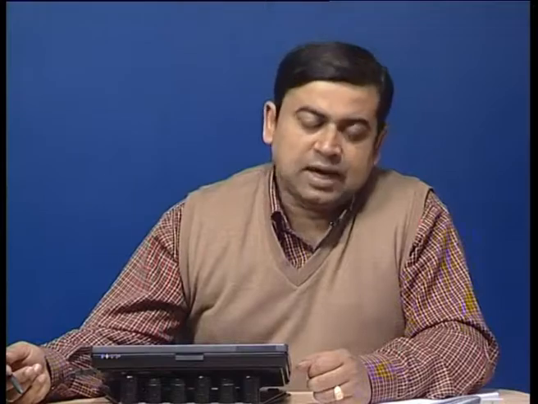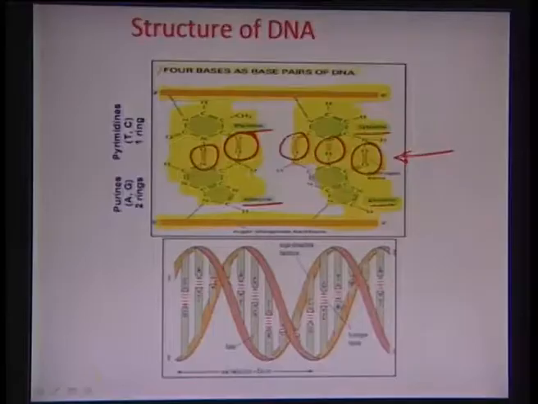We discussed some issues regarding the nomenclature used for understanding the direction of placement of the sugar phosphate backbone. There are 5 carbons in the sugar ring, numbered 1 to 5. At the third carbon there is a phosphodiester linkage which joins one sugar molecule to the next in the backbone, and at the fifth carbon there is a linkage, the phosphodiester linkage, which goes all the way to another sugar.